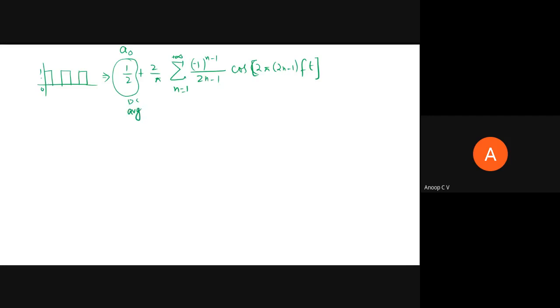If you take the average of a positive clock pulse train over a cycle, the DC value will not be equal to 0, because it has only the positive part and 0. So there will be a finite DC value. The 1/2 corresponds to a DC value. And then 2 by pi times.